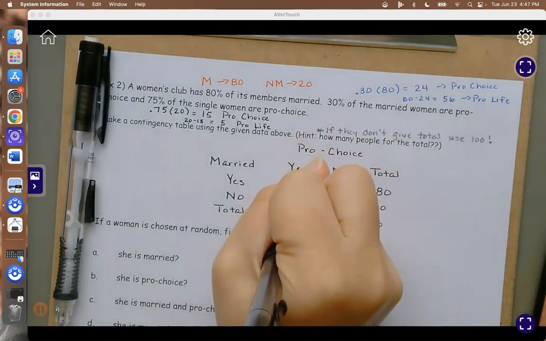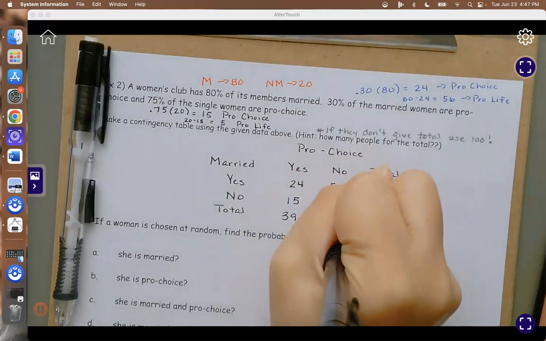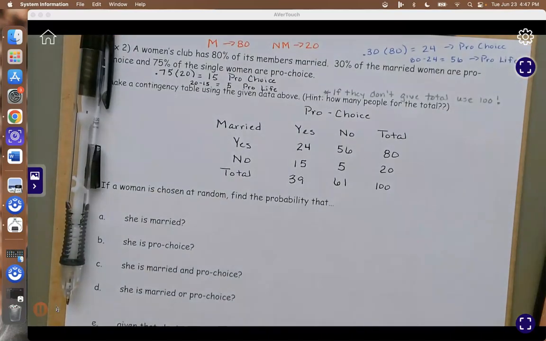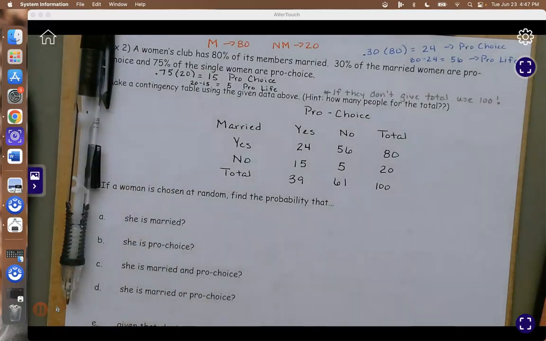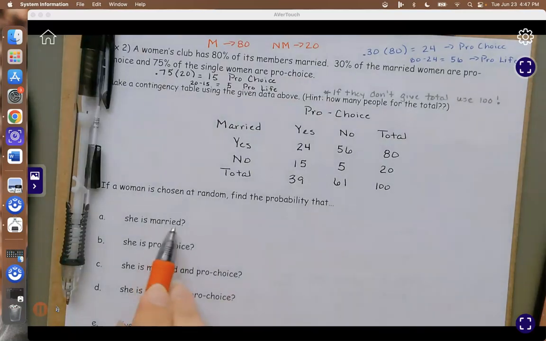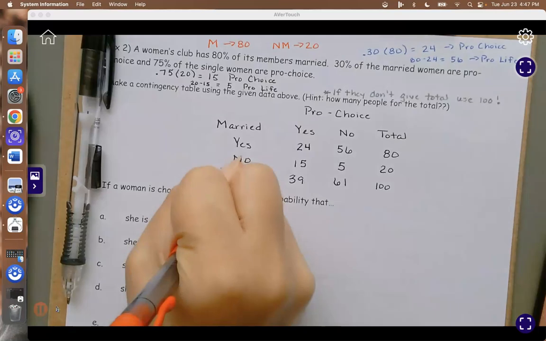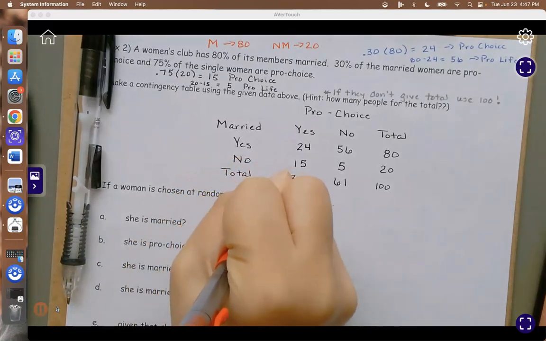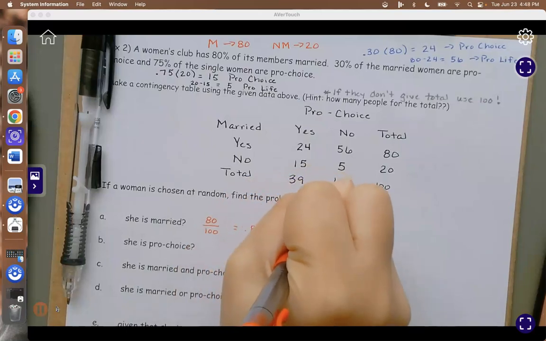So this is 39 that are pro-choice, and this is 61. Okay, now, what's the probability that she is married? Okay, so we look at our chart here, and our married is 80 out of 100, which is 0.80, which is 80%.